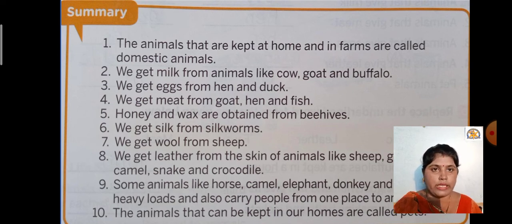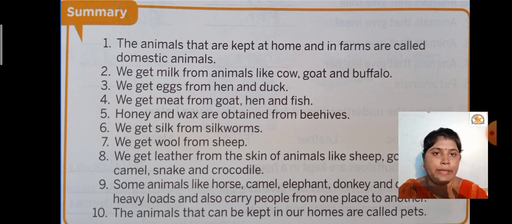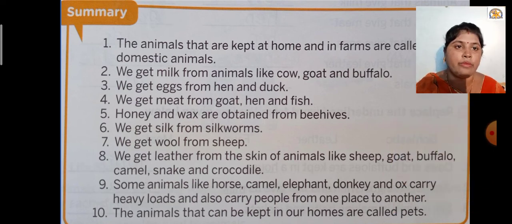So these are called plant products. Number 6, we get silk from silkworms. Number 7, we get wool from sheep. Number 8, we get leather from the skin of animals like sheep, goat, buffalo, camel, snake and crocodile.